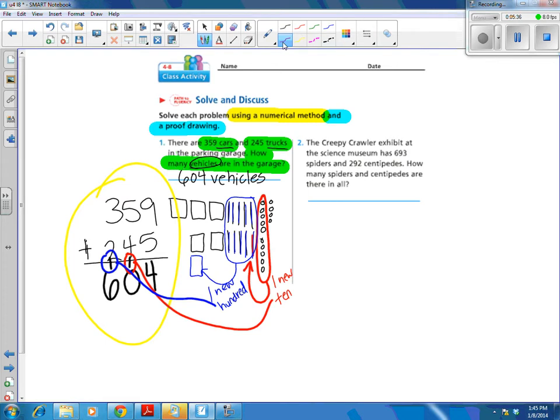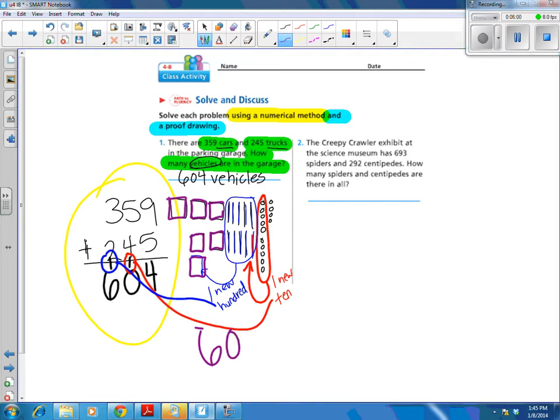Now I'm going to come back, and I'm going to use purple so you can see. I'm going to count and see how many I have in my proof drawing. So I've got 100, 200, 300, 400, 500, 600. When I look, there aren't any 10 sticks left because I took 10 sticks and traded it in for a hundreds flat.